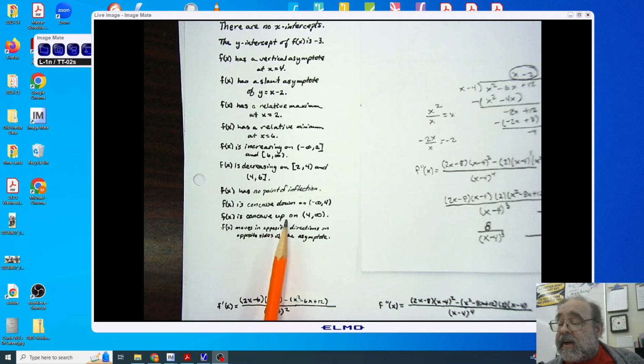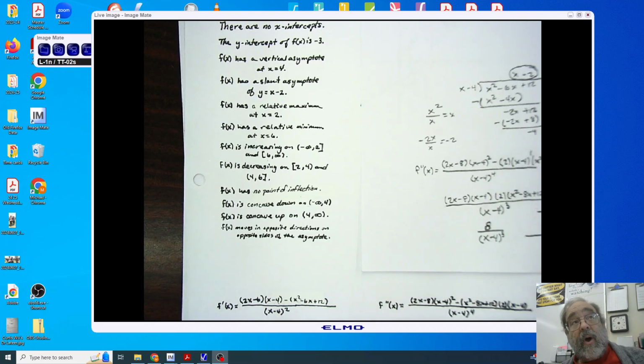F of x is concave down, and notice we have parenthesis at both ends. Concavity always uses parenthesis at both ends. Then we have f of x is concave up on 4 to infinity, and then I just have my note about the order. F of x moves in opposite directions on opposite sides of the asymptote due to the odd order of the x minus 4.